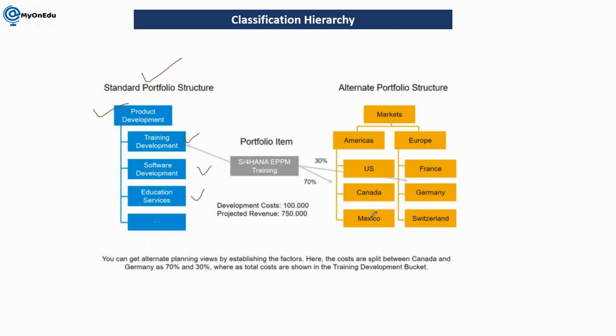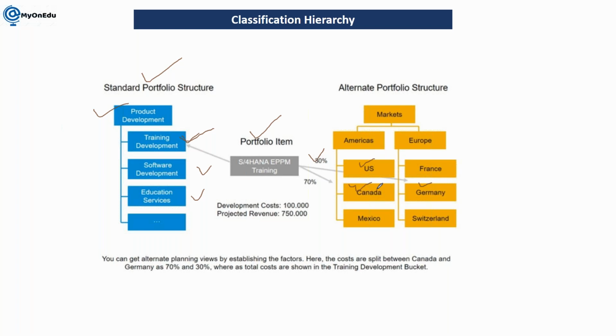So in the same example, let's say you have one portfolio item. A portfolio item is a project. Here you have created this S/4HANA EPPM training item under the training development bucket, and the same item you are executing in the US and in Canada, or let's say in Germany and in Canada. You can also define the percentage of the workload you have: 30% is in Germany and 70% belongs to Canada.